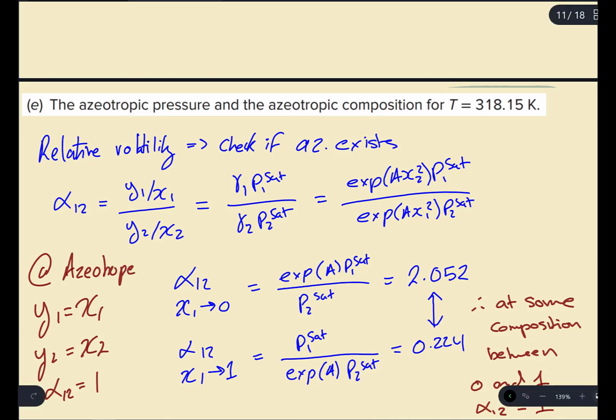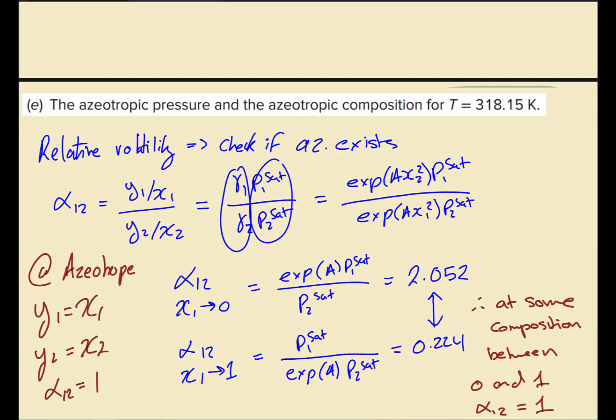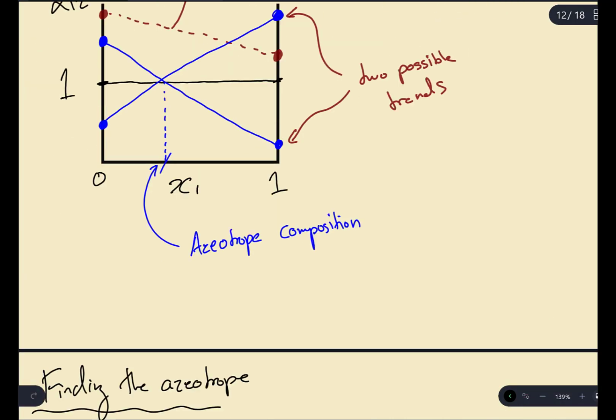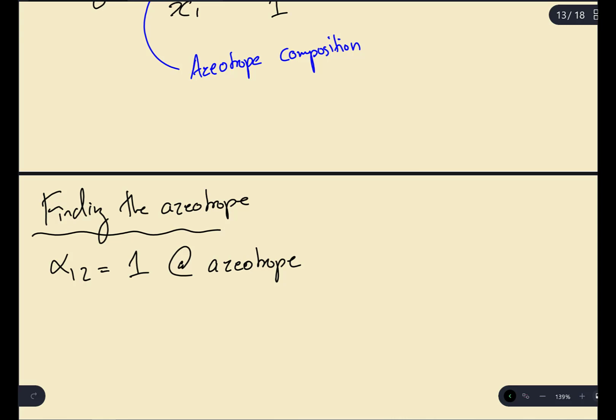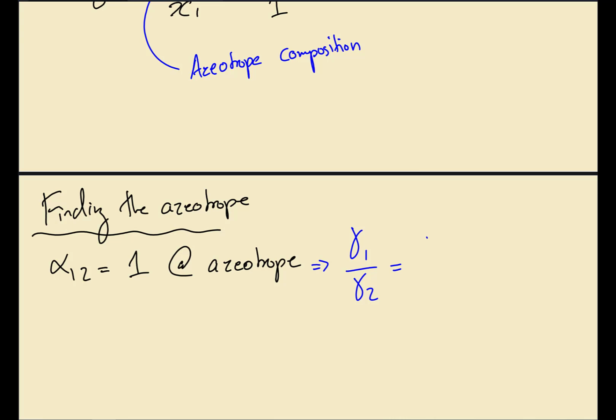That means the ratios of the activity coefficients are equal to the ratios of what? The pressures, right? So we can write that down. Because of that, gamma 1 over gamma 2 is equal to p2 sat over p1 sat.